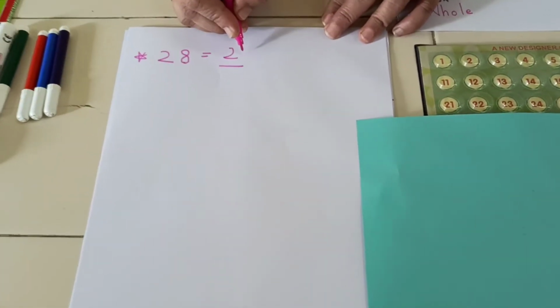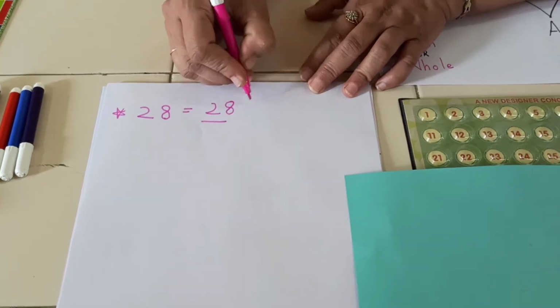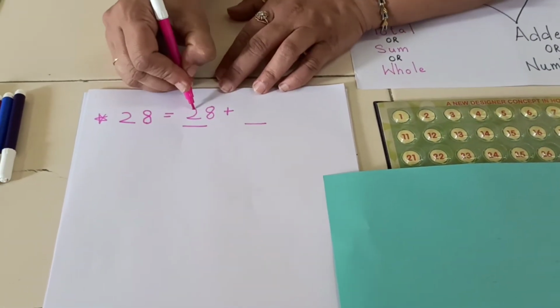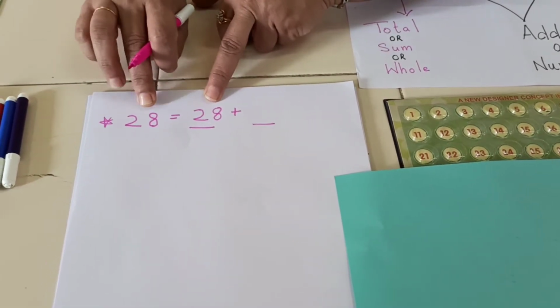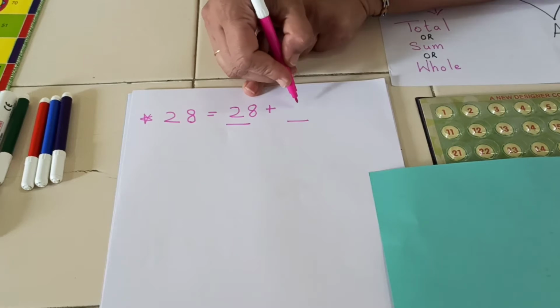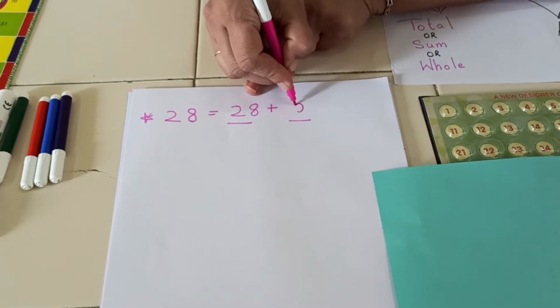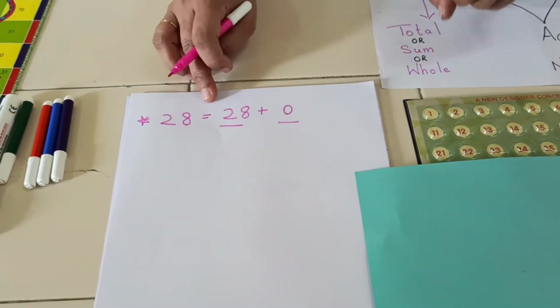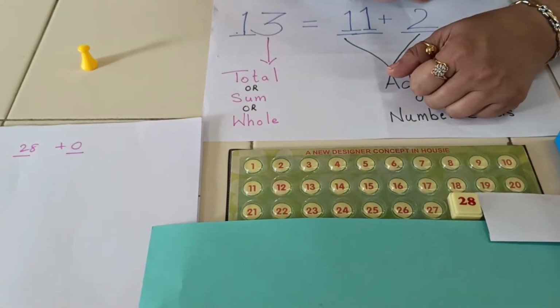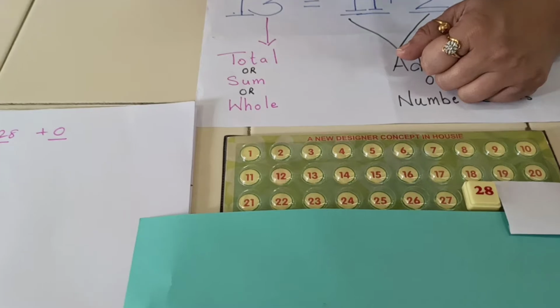So I am writing here 28 plus dash. I already have 28 here, both are equal, so here I am going to take 0. That is the first combination.